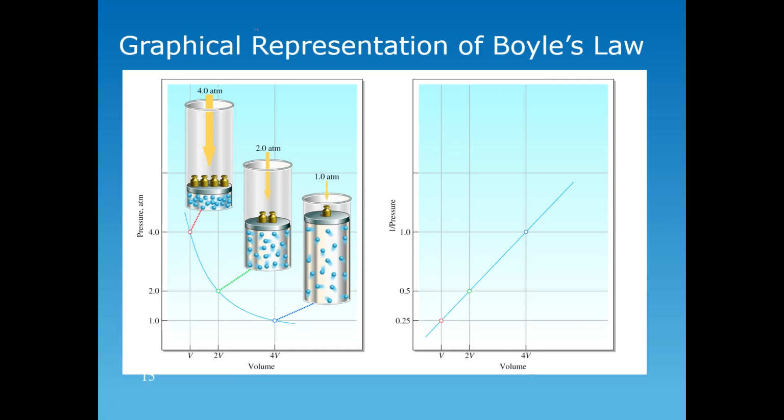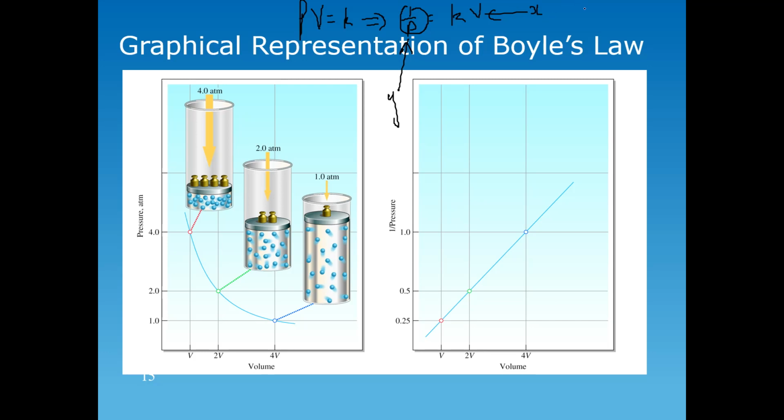We know that PV is equal to a constant, right? So if we rearrange this to get 1 over P, that is going to be equal to K times V, all right? So the 1 over P here would be plotted on the y-axis, and the V here would be on the x-axis, right?